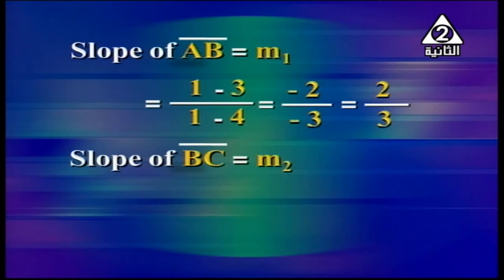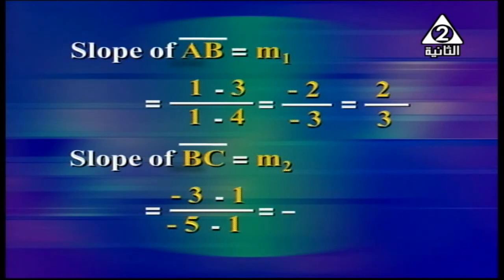It is denoted by M2, and it is equal to negative 3 minus 1 over negative 5 minus 1, to obtain a result as negative 4 over negative 6, which is reduced to be 2 over 3.